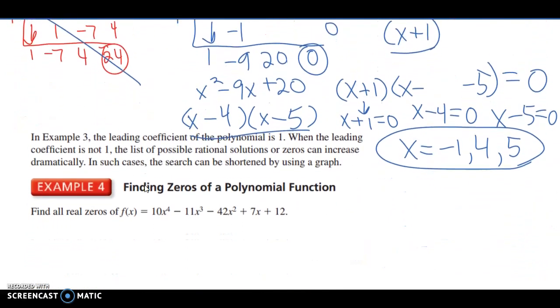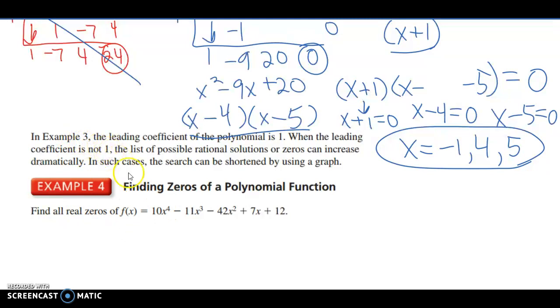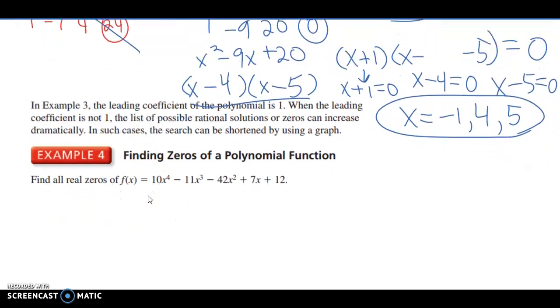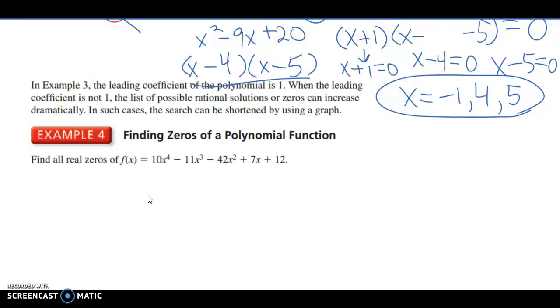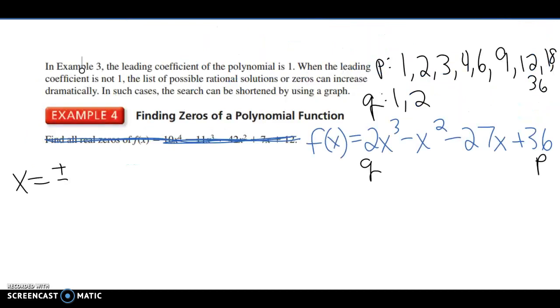Now, looking at an example where the leading coefficient is not 1, this makes it a little more tricky, and we actually don't really like this problem, so we're going to cross it out and make up our own problem. I listed my factors of p and my factors of q, and now I'm going to divide all the numbers by this.